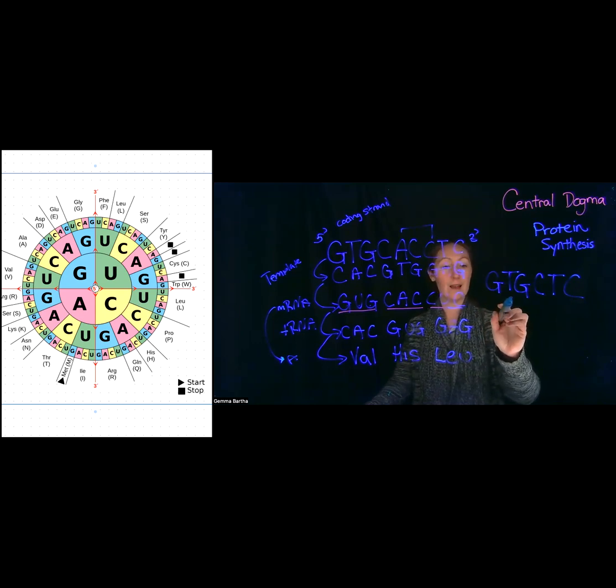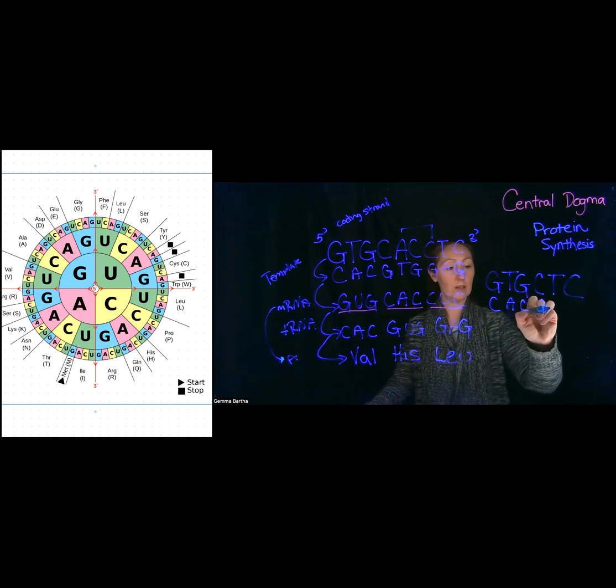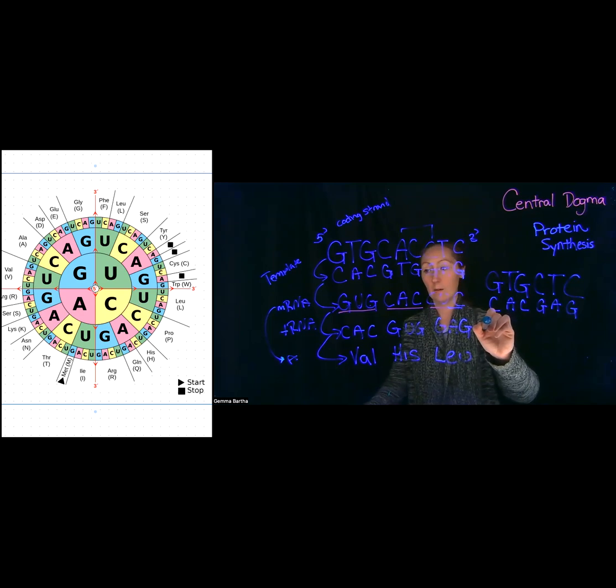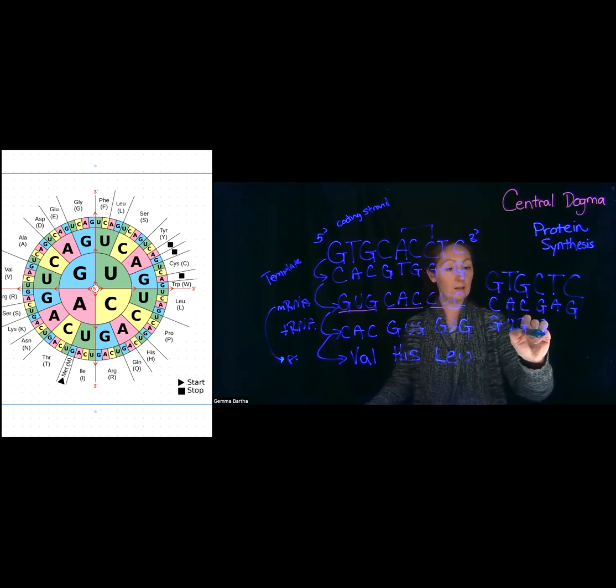What does that make? So this is going to be our coding strand. We need to make our template strand, which is C, A, C, G, A, G. We need to have our mRNA, so that's going to be GUG, CUC.